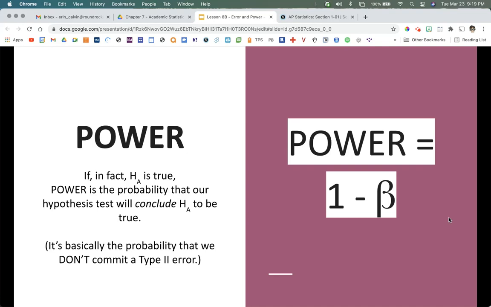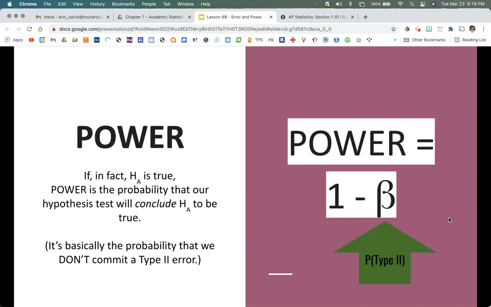Which means to calculate power, very simply, we can do 1 minus beta, which remember is the probability of a type 2 error. Now, typically in this intro-level stat class, you will never be asked to calculate power unless you know beta, and you'll never be asked to calculate beta unless you know power.